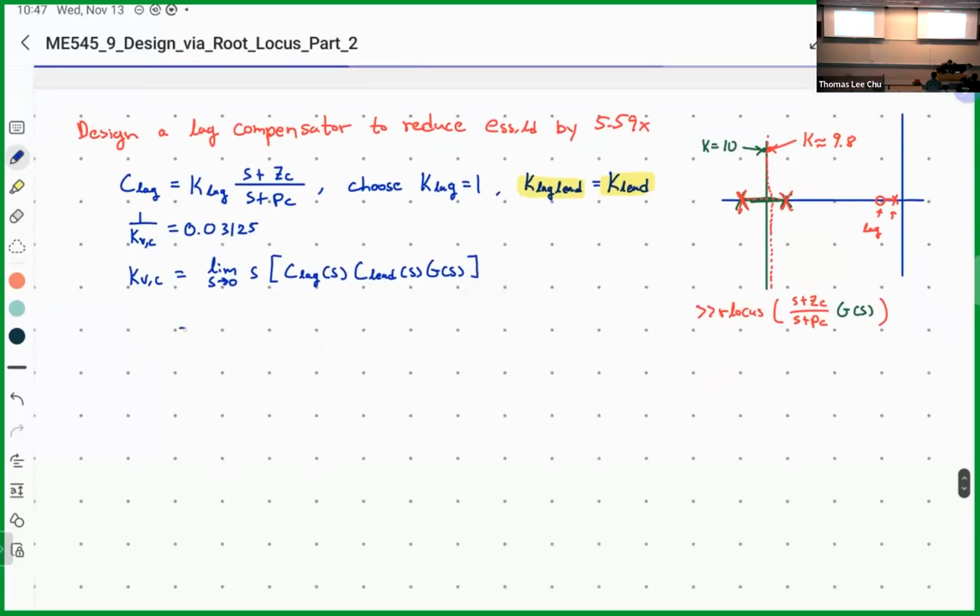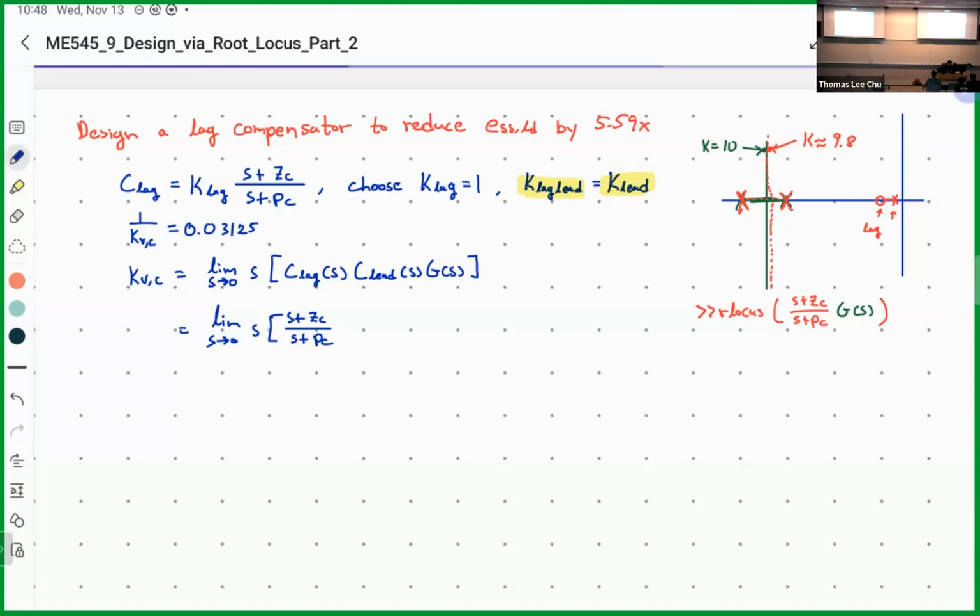Okay, so we're going to write this all out. We get the limit as s goes to 0 of s multiplied by, and here we can choose our whole and zero if we want, but I'm just going to write this as a ratio so I can generalize this solution.